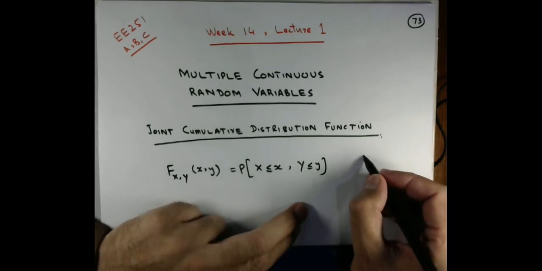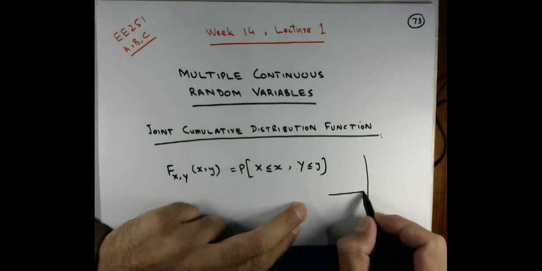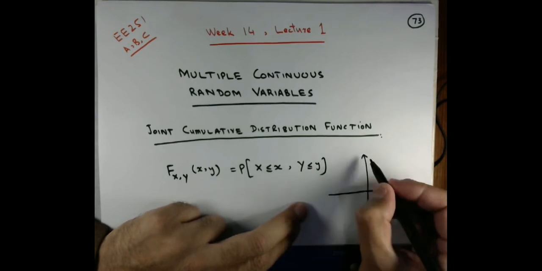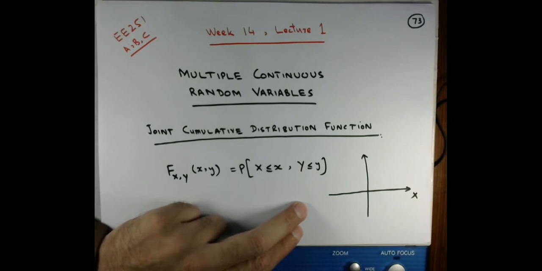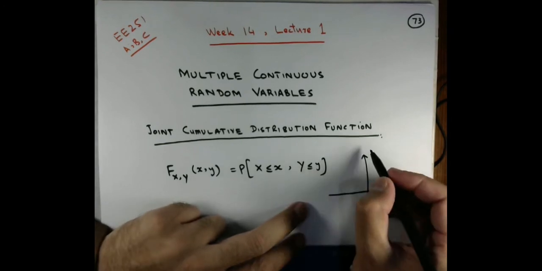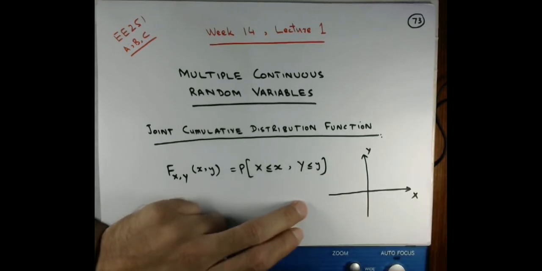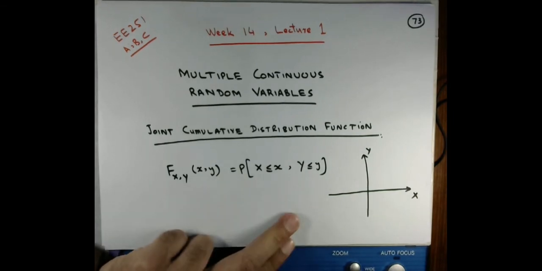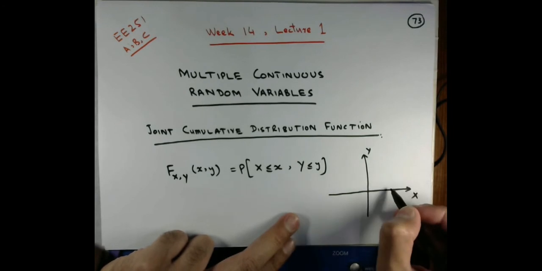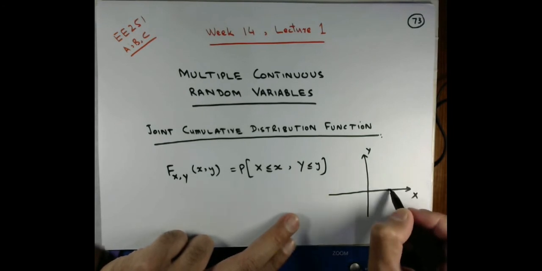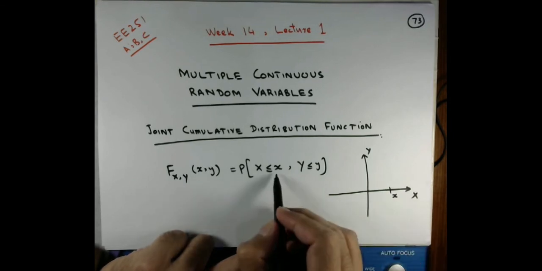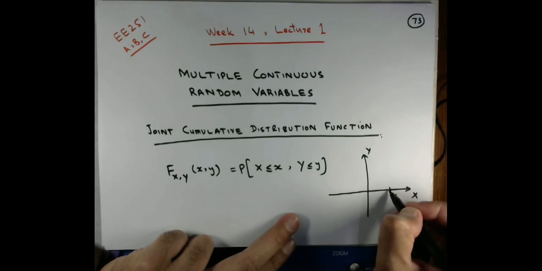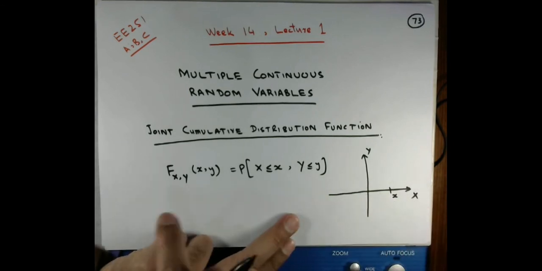Let me give a little pictorial description of this. Suppose this is the x random variable and this is the y random variable. The joint CDF of X and Y says that X is below a particular value x. Suppose this is some small value x, so everything below this is given by this relation.